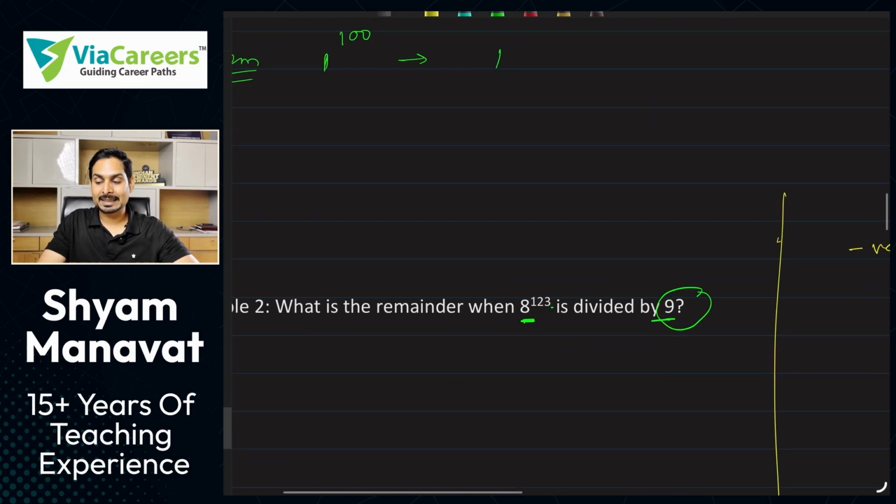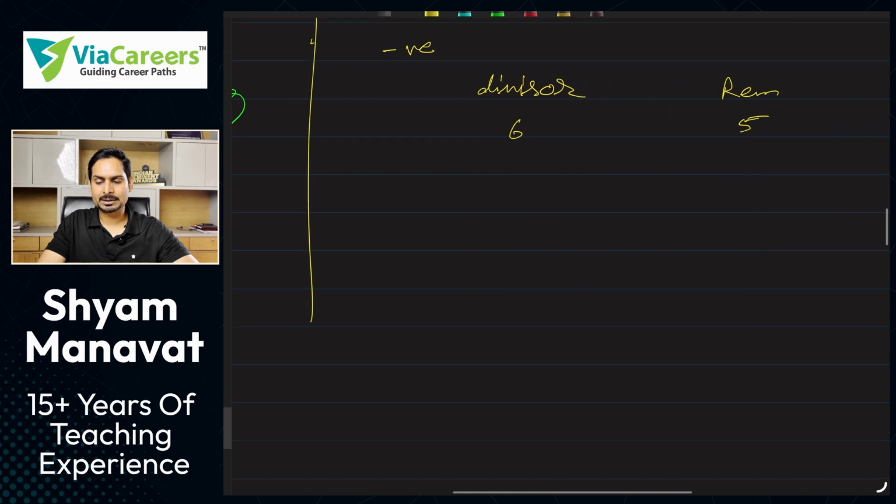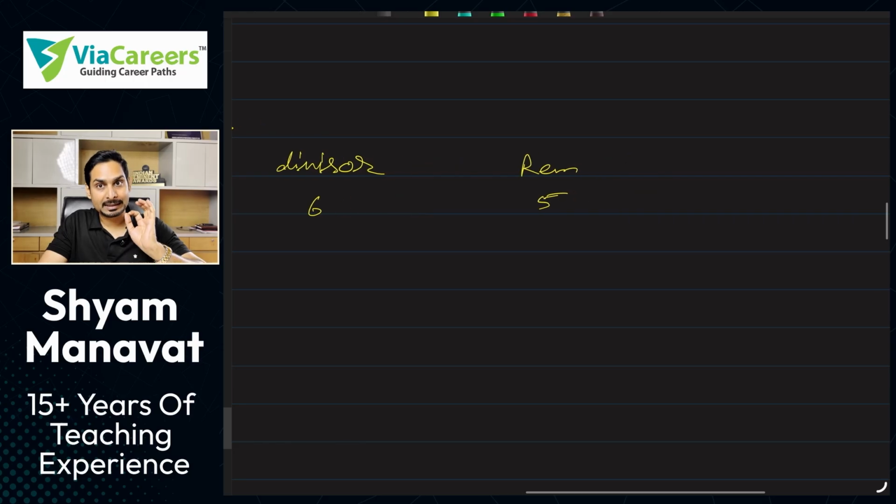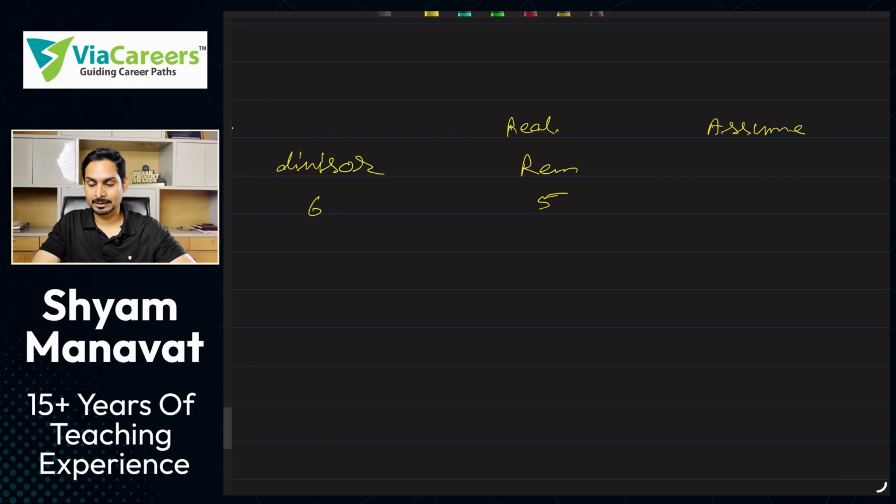But here we can take a negative remainder just for help. We need help, so just for help we can take this, right? So if the divisor is 6 and the real remainder is 5, then I can assume a negative remainder as 5 minus 6, which is minus 1, okay?